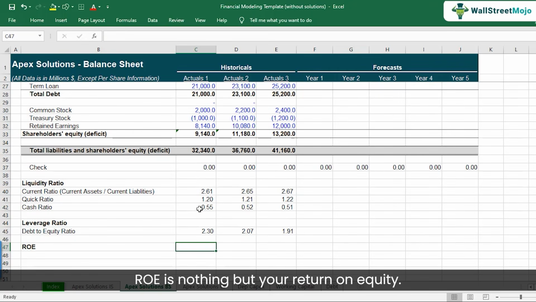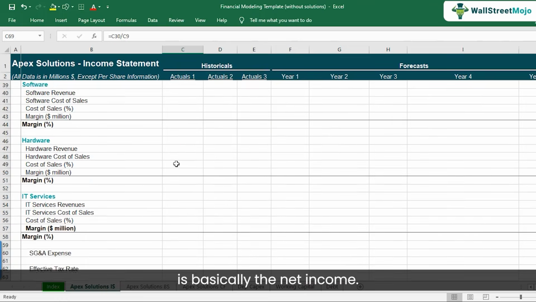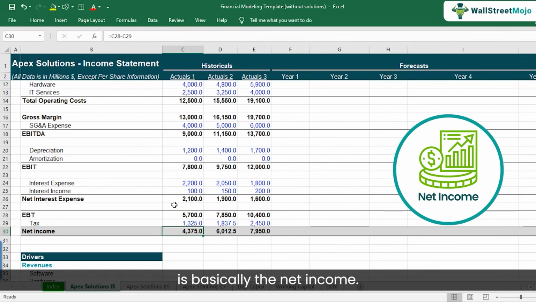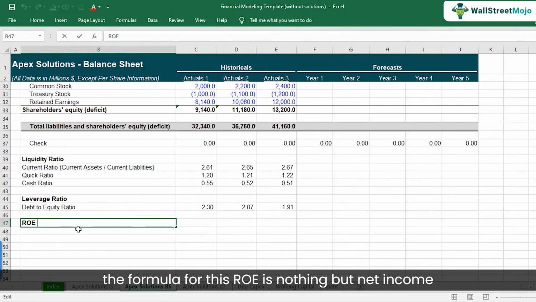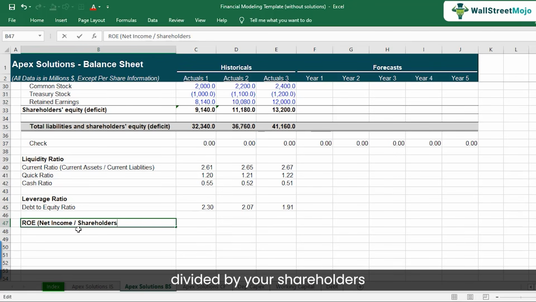Let's look at the return on equity as well, that is ROE. ROE is nothing but your return on equity. What is the return that the equity holders get? The return that they get is basically the net income, which goes to the shareholders, right? So the formula for ROE is net income divided by your shareholders' equity.